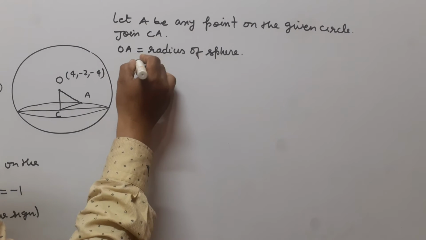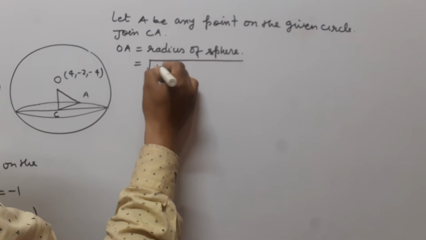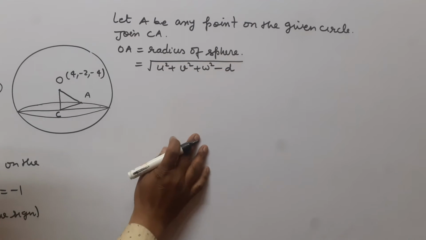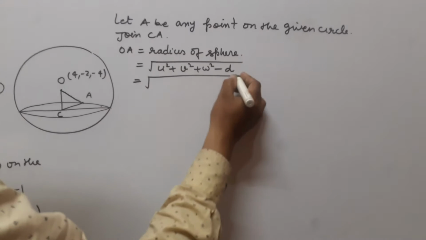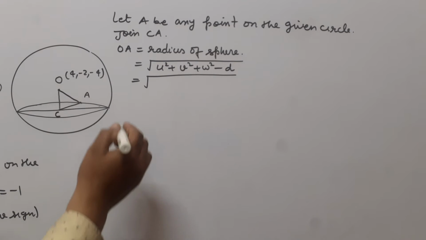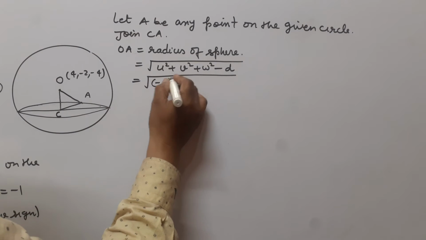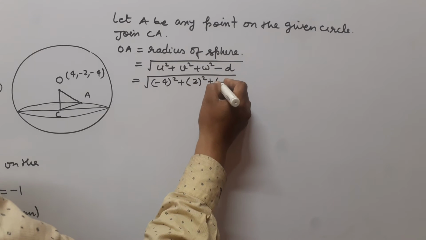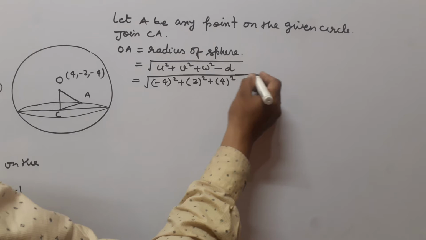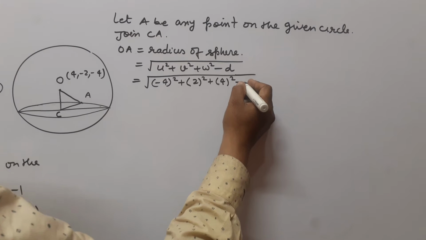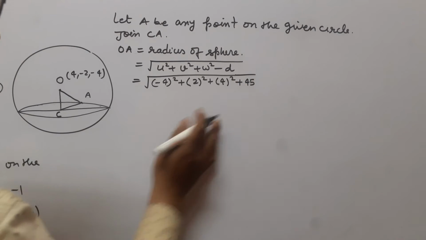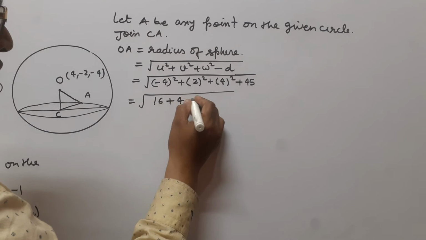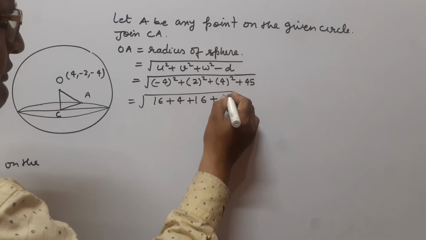So the radius of a sphere, we know that this is the formula, under root u square plus v square plus w square minus d. So we put here the values of u, v, w and d. So we get minus 4 whole square plus v is here 2 whole square plus w is here 4 whole square and d is here minus 45, so this is plus 45. So minus 4 square, this is 16, 2 square, this is 4, 4 square is 16 plus 45.